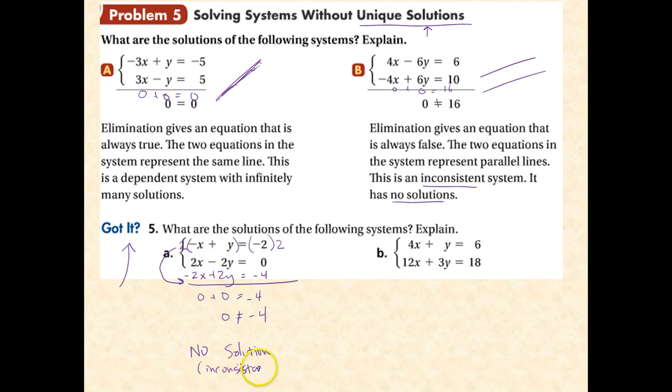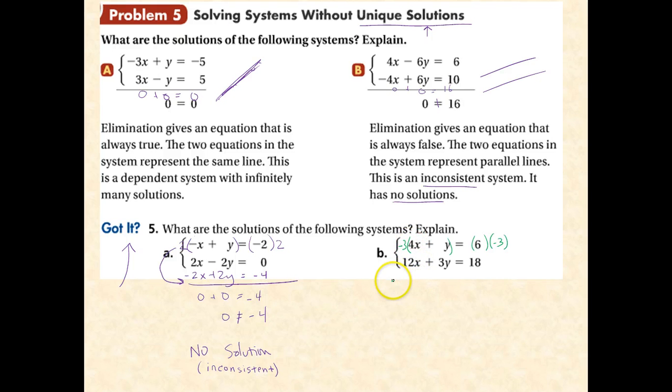Inconsistent, spelled incorrectly, and fixed with magic. Alright, so look at this system. If I was to multiply the left and right side of this top equation by, I don't know, negative 3, that would make negative 12x, and the x's would cancel.